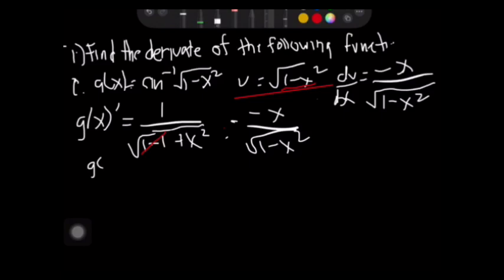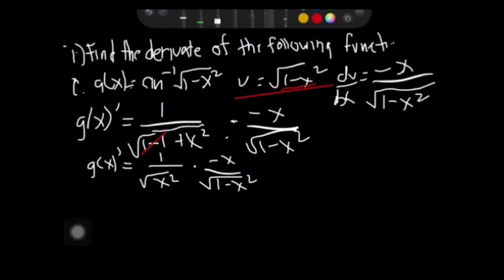So the derivative of g of x is 1 over the square root of x squared times negative x over the square root of 1 minus x squared.